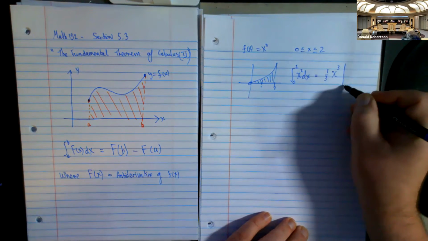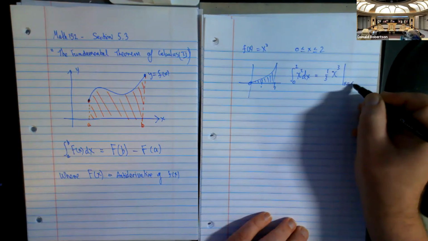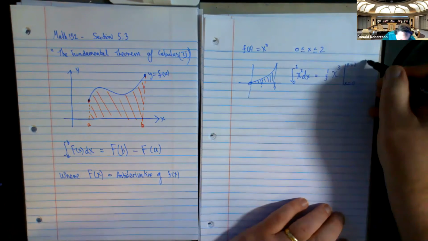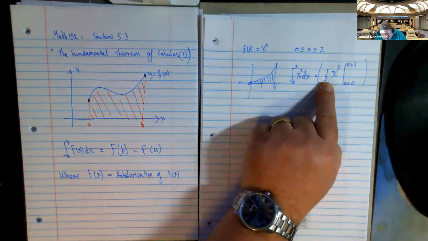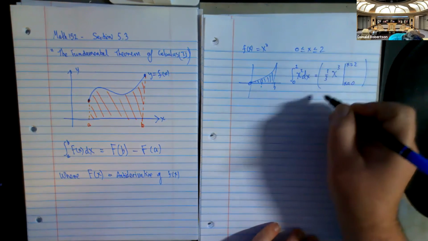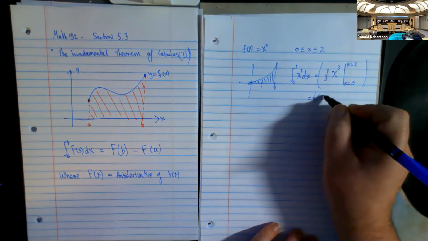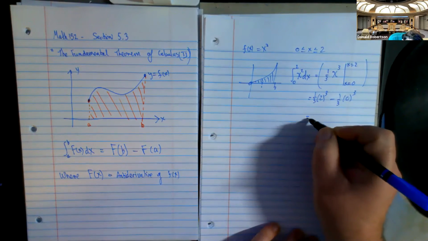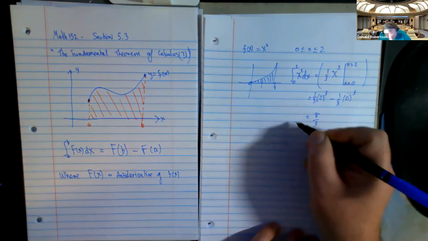And then you do a funny little vertical line and you write x equals 0 to x equals 2. And that's just how we write down antiderivative evaluated at here and here. And then you simply just plug in 2, take away, plug in 0, and the answer is 8/3.